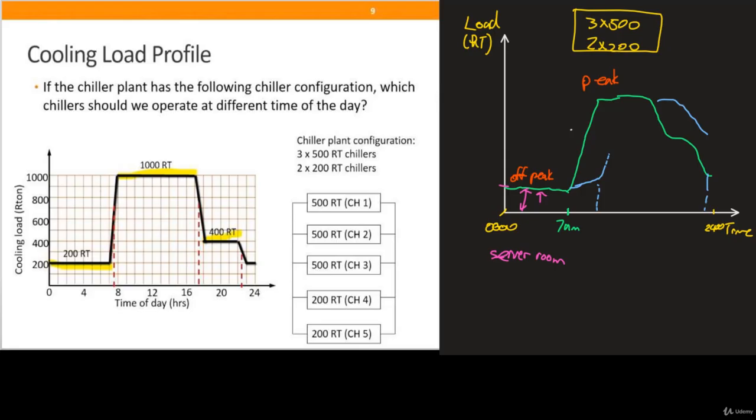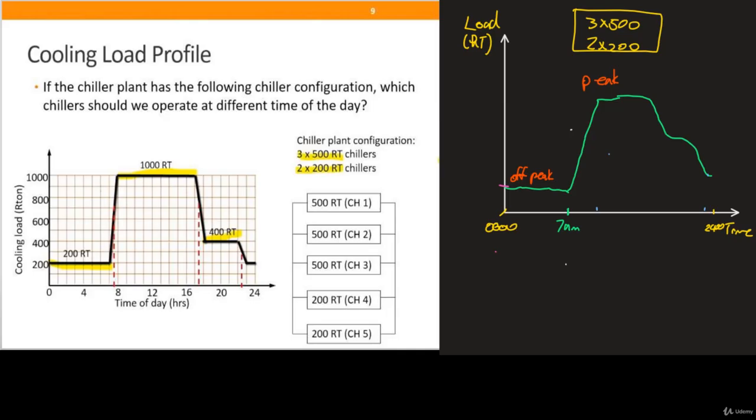So at these three particular periods, which chillers should you operate if you have the following configuration? Let's say you have 3 big chillers, that means 3 500-ton chillers, and 2 small chillers. So how are you going to operate it?